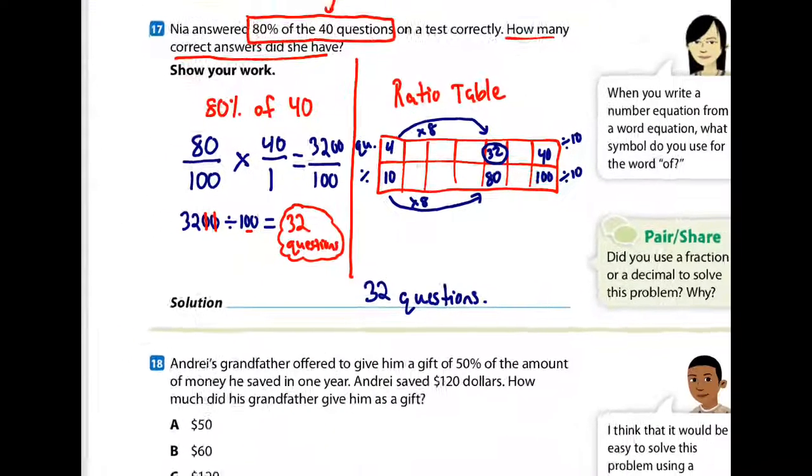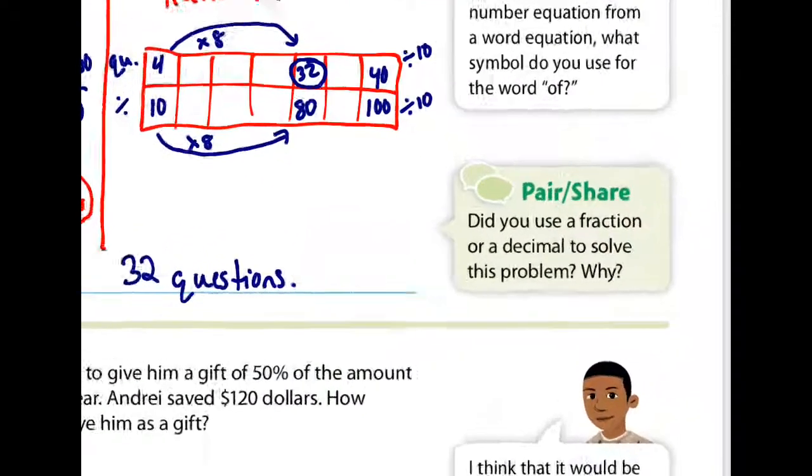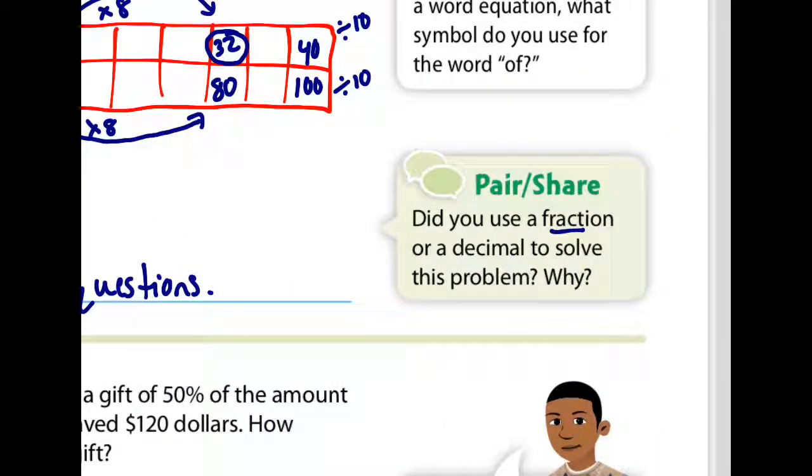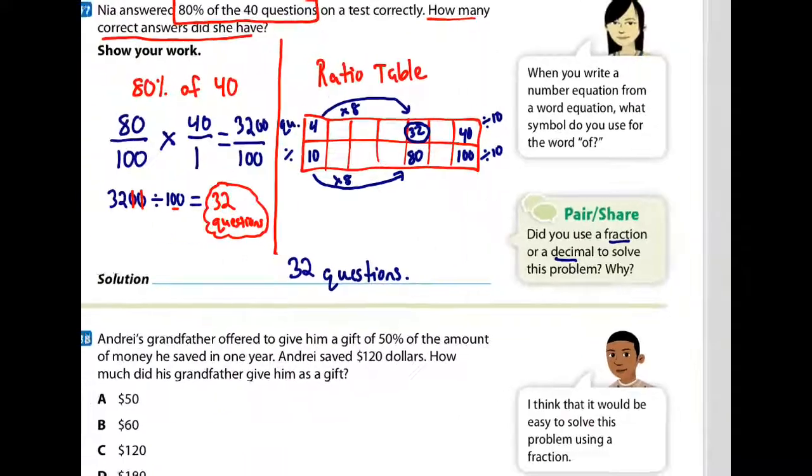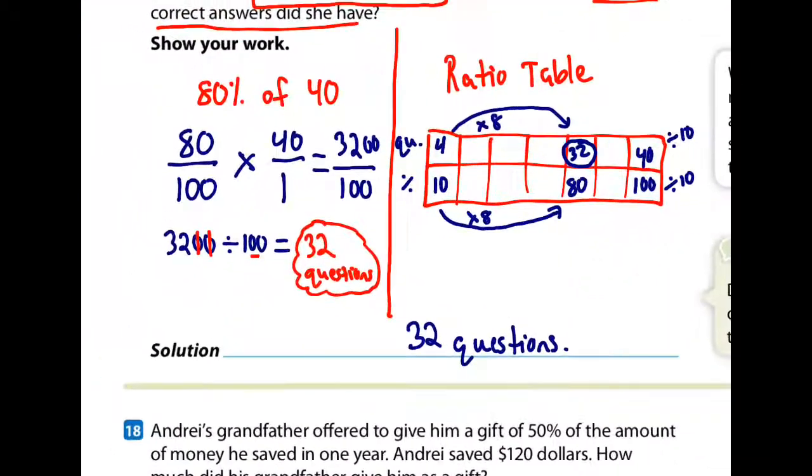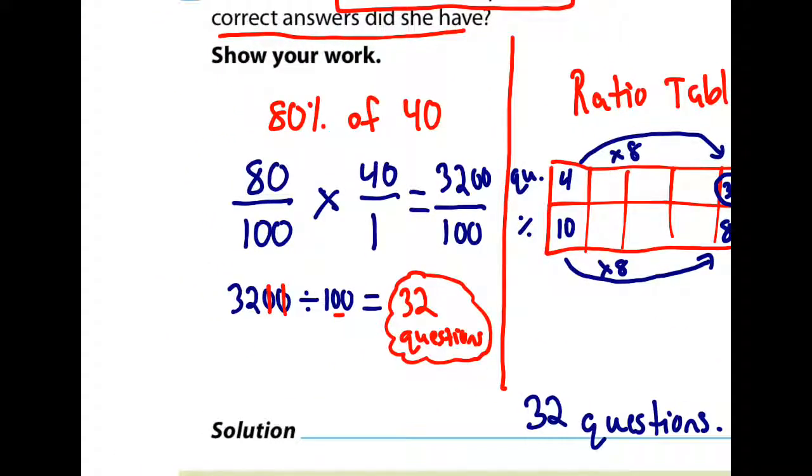Now, in this pair share, it says, did you use a fraction or a decimal to solve this problem? Why? So they are just asking about if you did it this way, if you multiplied. Notice that, let me switch over to pink here. Okay, notice that when I did it, I used fractions.